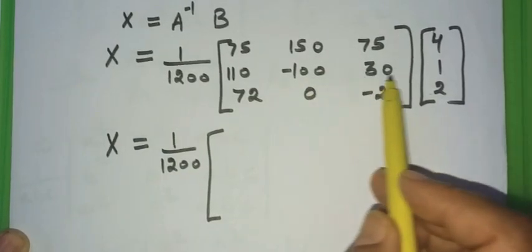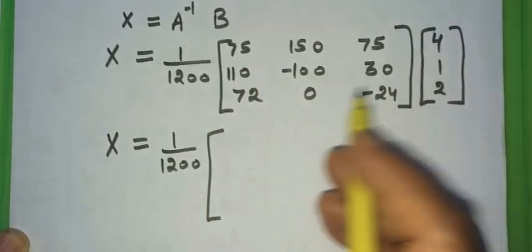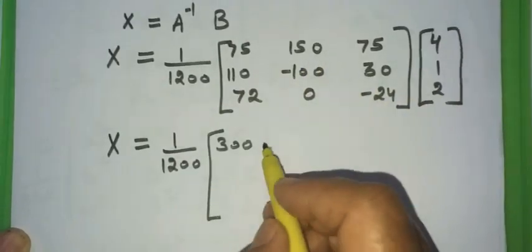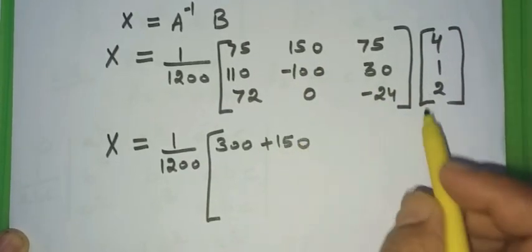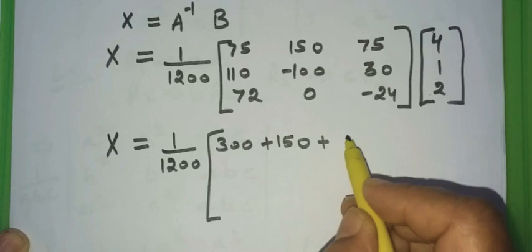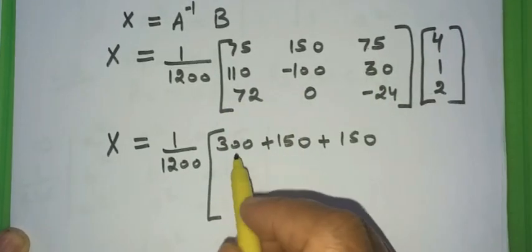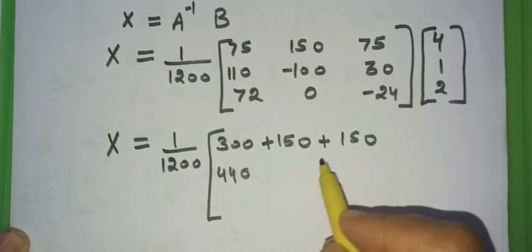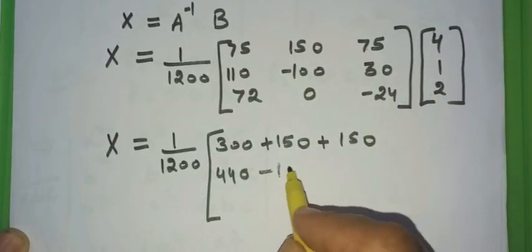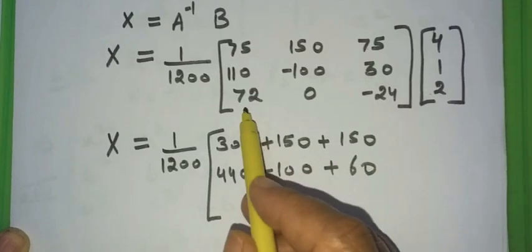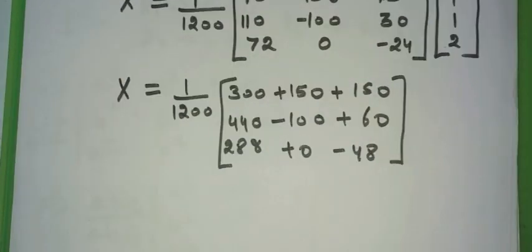I will first multiply these two matrices. 75 into 4, which is 300, plus 150 into 1 plus 75 into 2. Similarly here 4 into 110, 440 minus 100 into 1 plus 30 into 2, and similarly for the next.